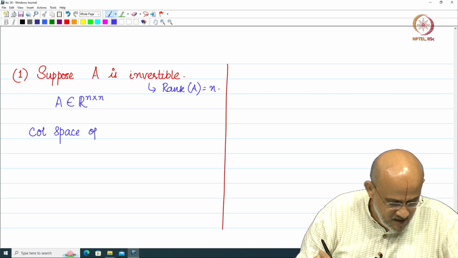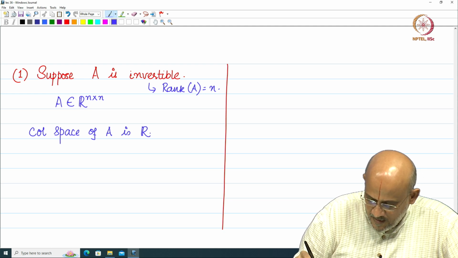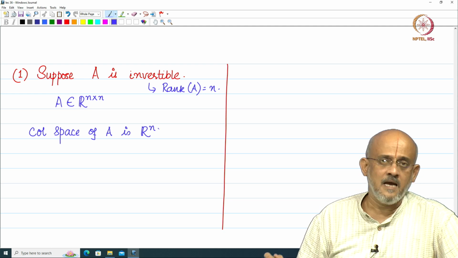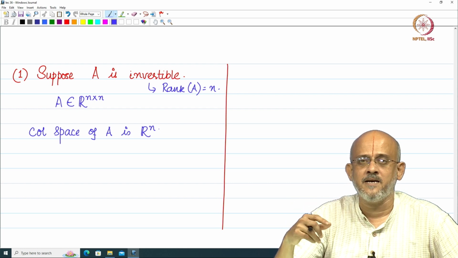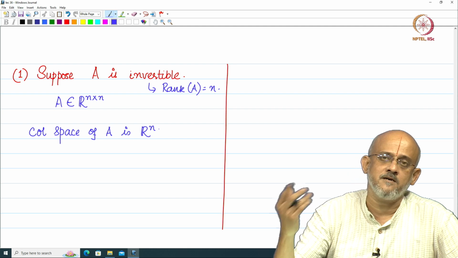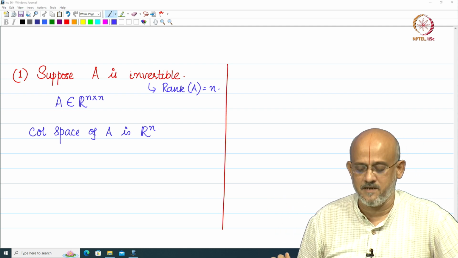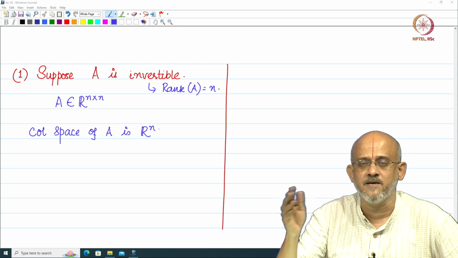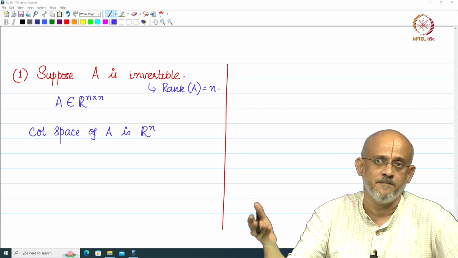column space of A is Rn itself, and the matrix A, since it is an n by n matrix, basically maps an n component vector to another n component vector. So, basically you are going to have Ax equal to B, where x is also an n component vector and B is also an n component vector that we have.